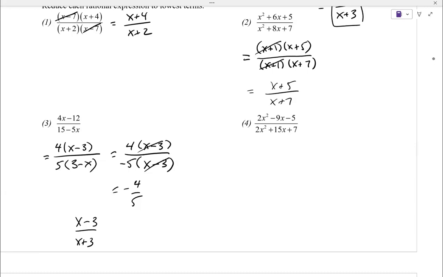See if you can do number 4. Same premise, factor the top, factor the bottom, and see what you get. Then we'll chat about it.